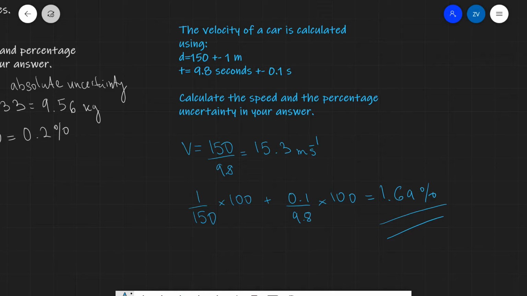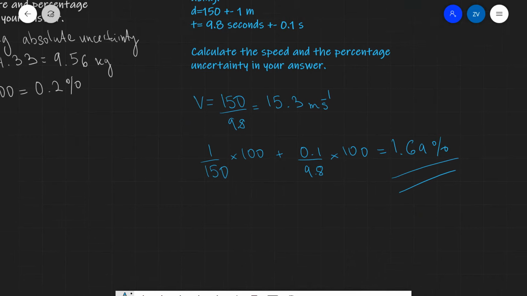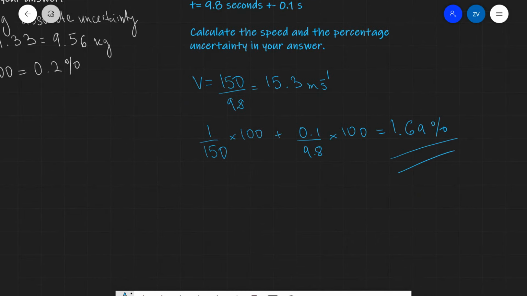If we wanted to find the absolute uncertainty in our answer, I know it's not part of the question, but just for the sake of our understanding, all we need to do is find 1.69% of 15.3, which is about 0.258, let's call that 0.26 meters per second.